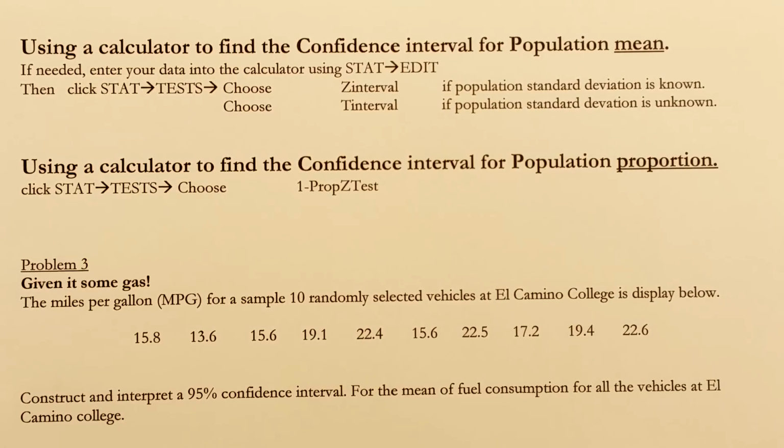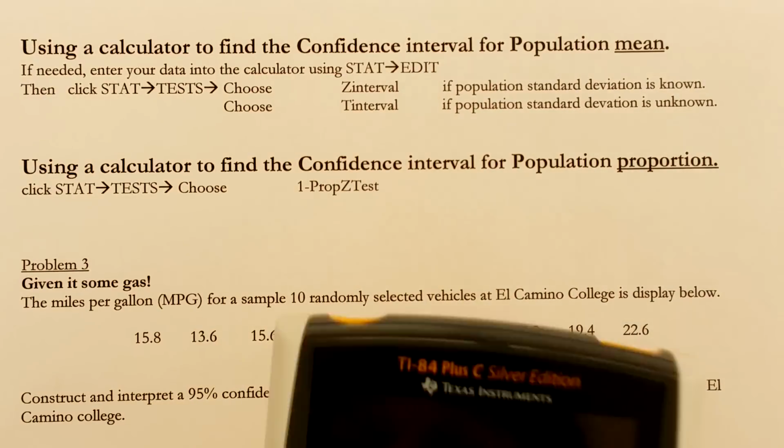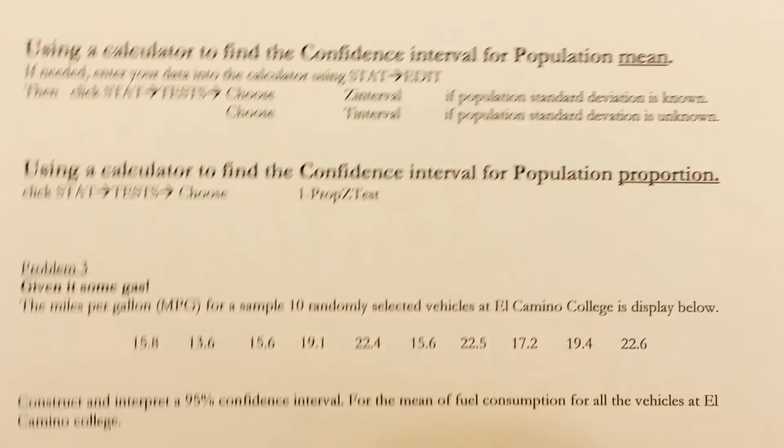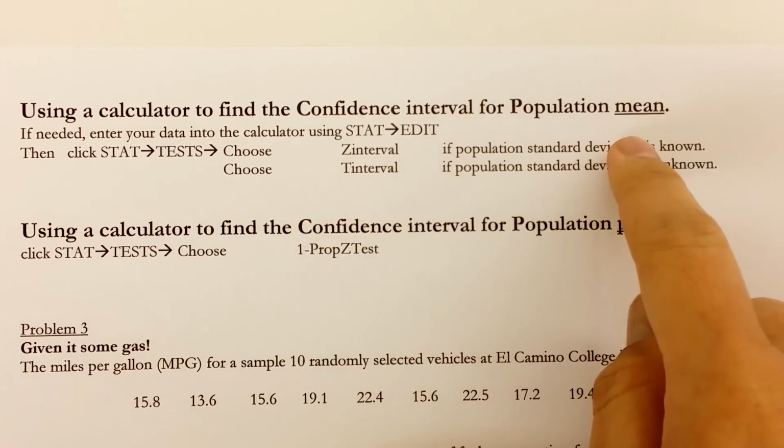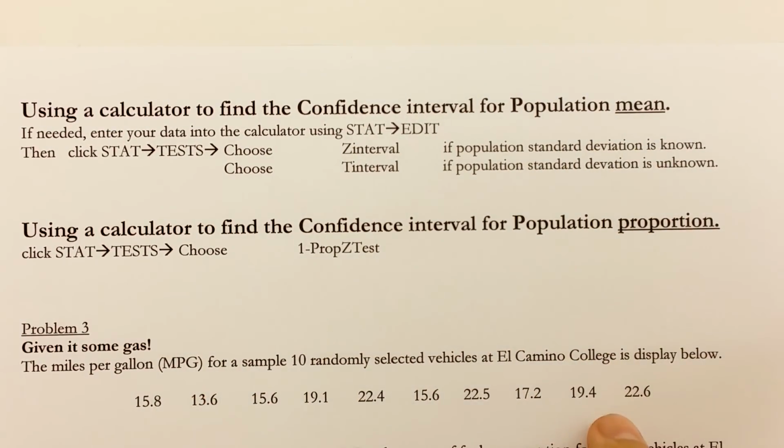So we're going to construct a 95% confidence interval for the average fuel consumption of all the vehicles at El Camino College. We're going to do this using a calculator now. So that's talking about the population mean. Okay, we're measuring the population mean of these data.